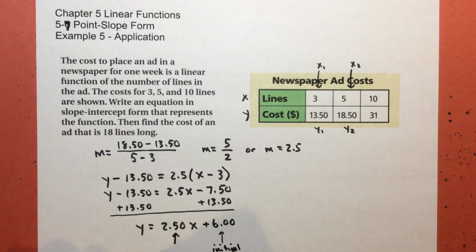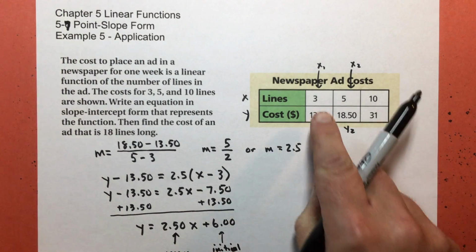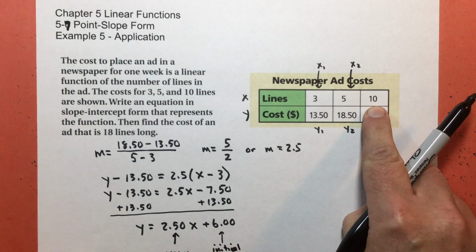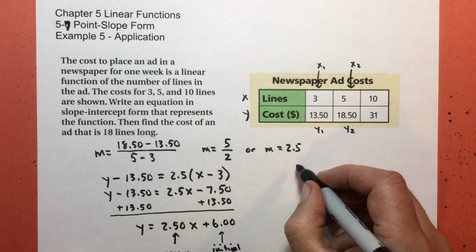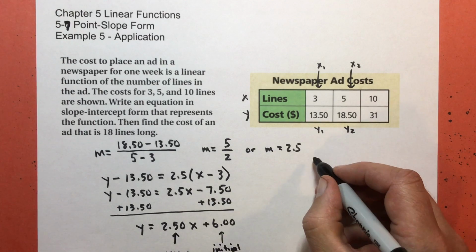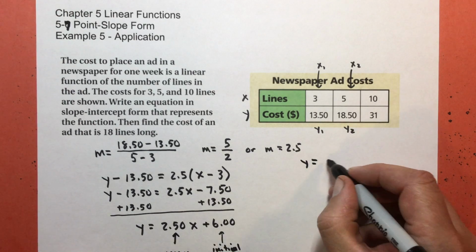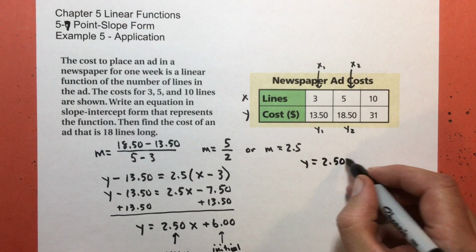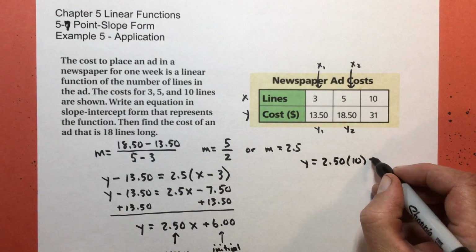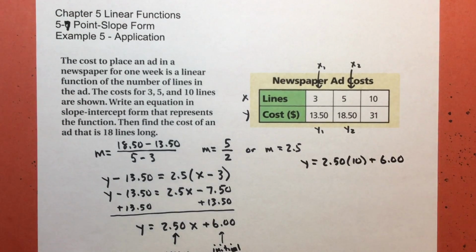And this is the increase per line. So you start with $6, and if you have one line, it's $2.50 plus $6, which would be $8.50. So let's try that with 10. Let's see if that works. Okay. So if I let x equals 10, I get 2.5 times 10 plus $6.